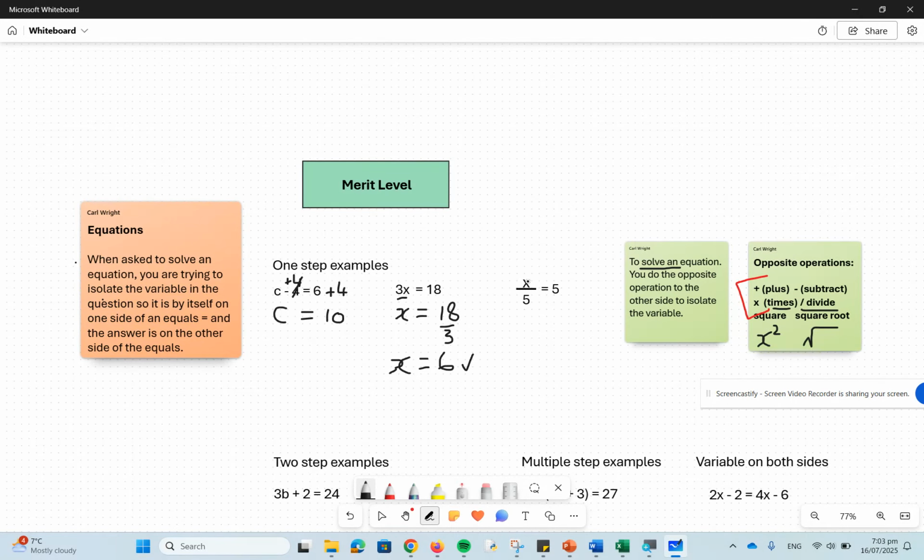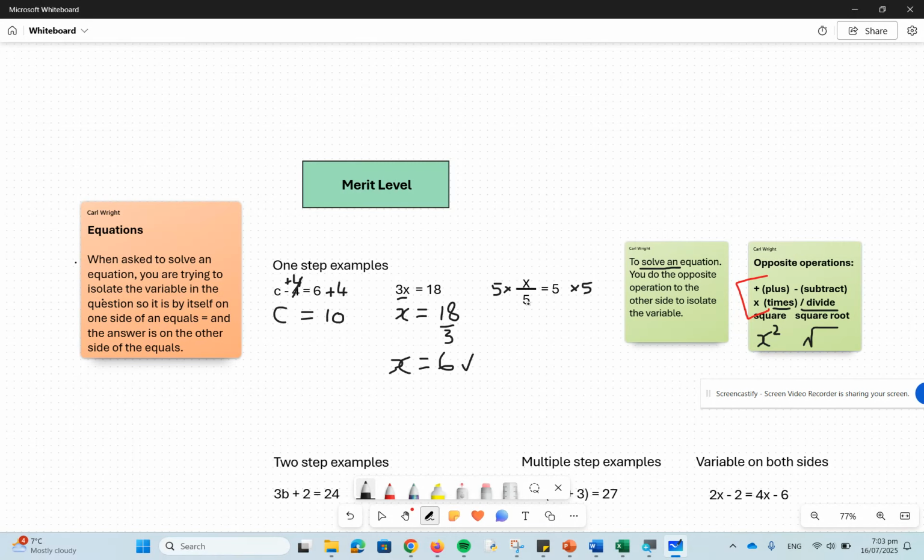So if I have x divided by 5, I need to times both sides by 5. And if you do times 5 to one side, you have to times 5 to the other to balance it, like a seesaw, so it doesn't upset the seesaw.